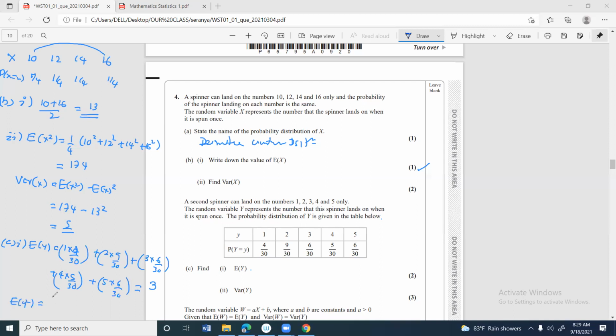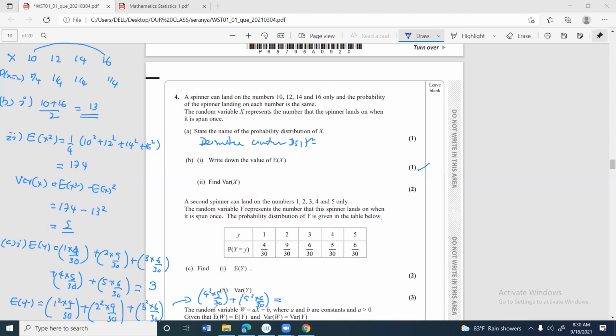How to get E(Y squared)? 1 squared into 4 over 30 plus 2 squared into 9 over 30 plus 3 squared into 6 over 30 plus 4 squared into 5 over 30 plus 5 squared into 6 over 30.